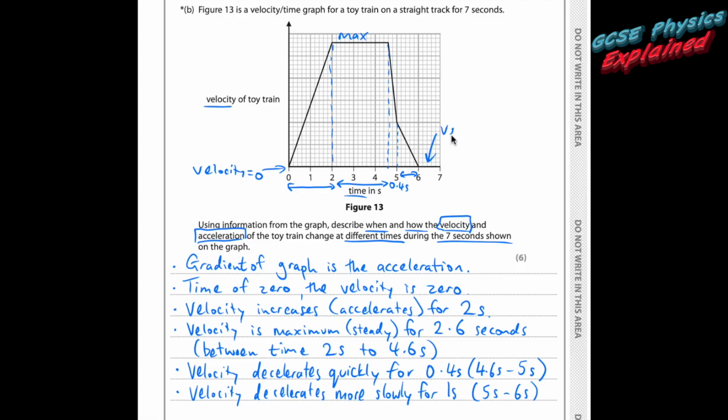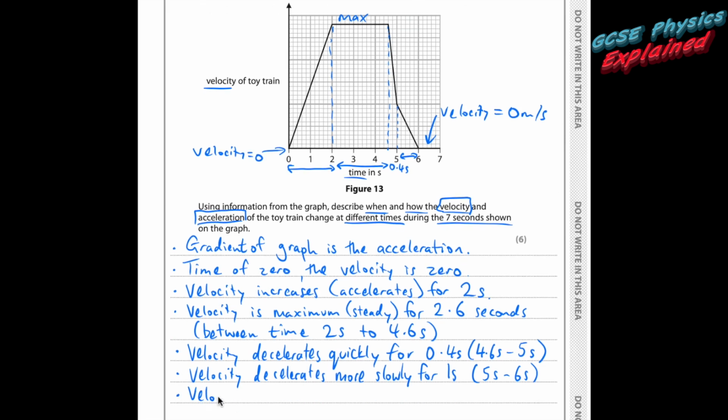Once again, the velocity has gone back down to 0. So the velocity is 0 for 1 second from 6 to 7 seconds. And we should get 1, 2, 3, 4, 5, 6, 7. We've easily got our 6 marks there.